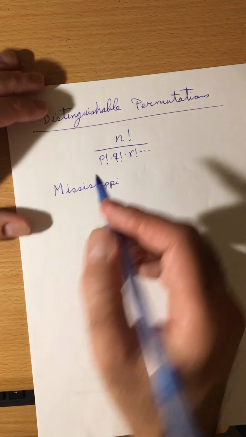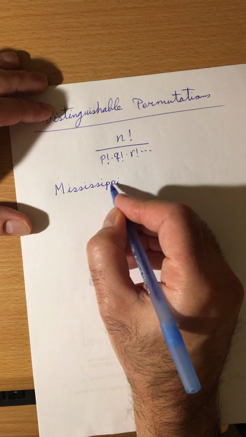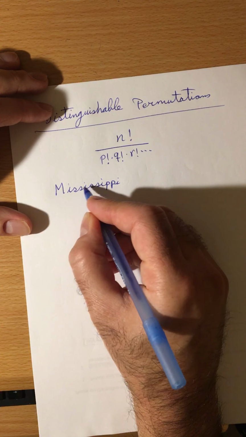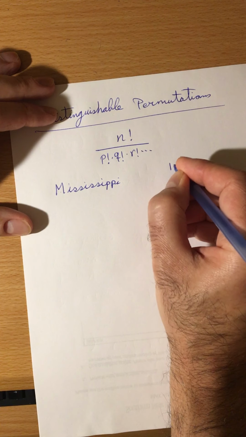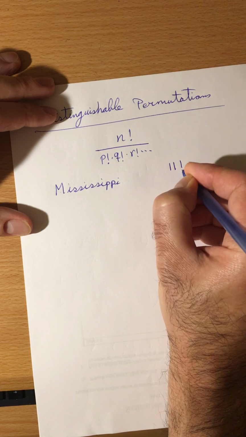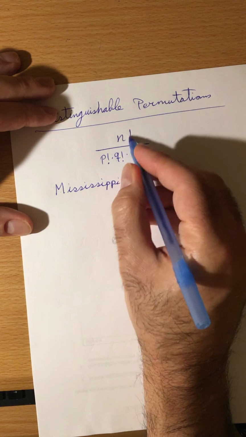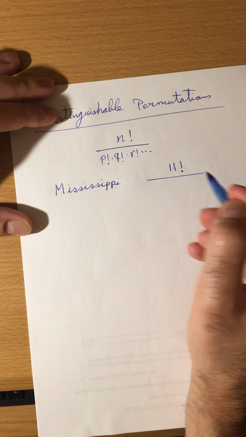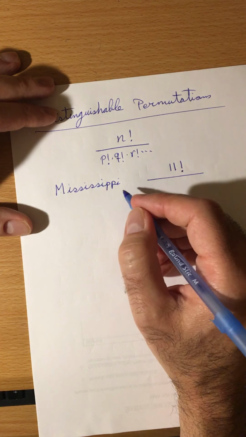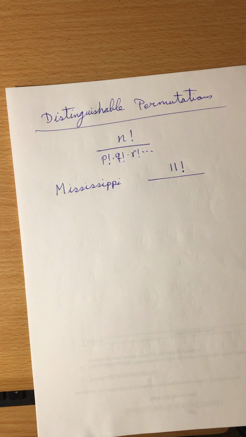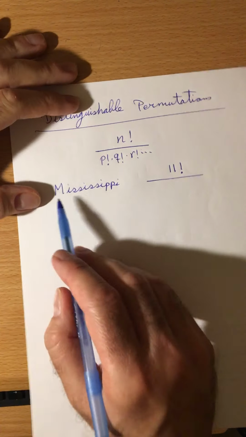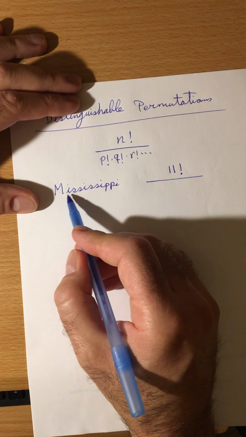Well, first you count how many you have. 1, 2, 3, 4, 5, 6, 7, 8, 9, 10, 11. So there are 11 letters total. So n is the total number. So that's 11 factorial. Now, the denominator are what's repeating. So what's repeating here? Is M repeating? No. So forget about that.